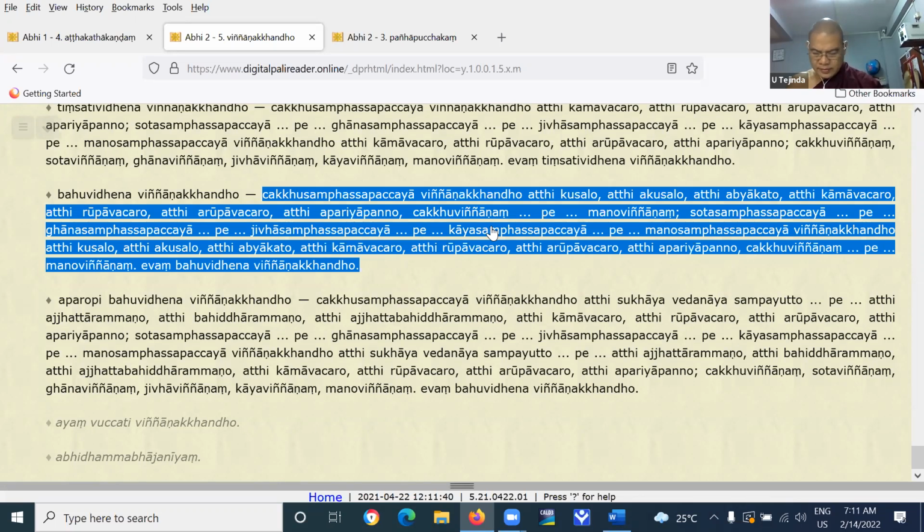So how about the number here? According to this, in the other khanda we have 46 in each tika. But here in each tika we have more than 46, don't we?